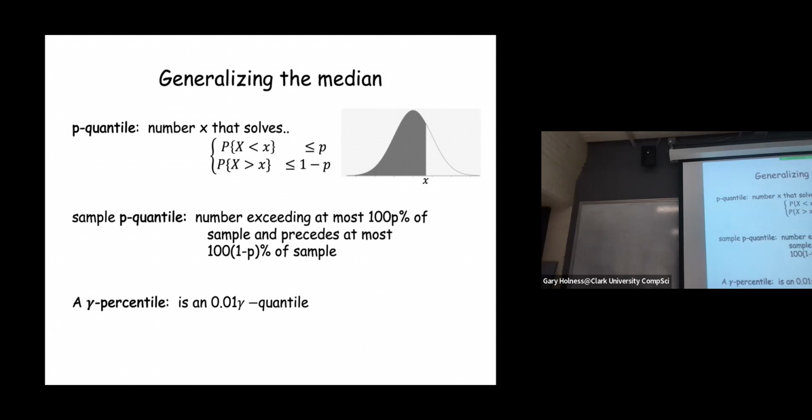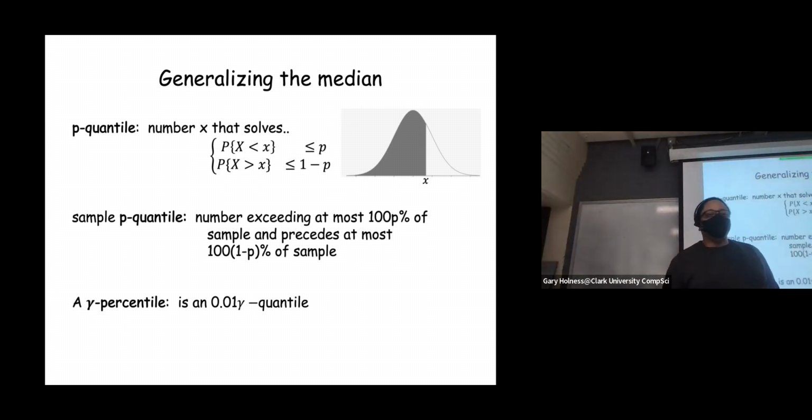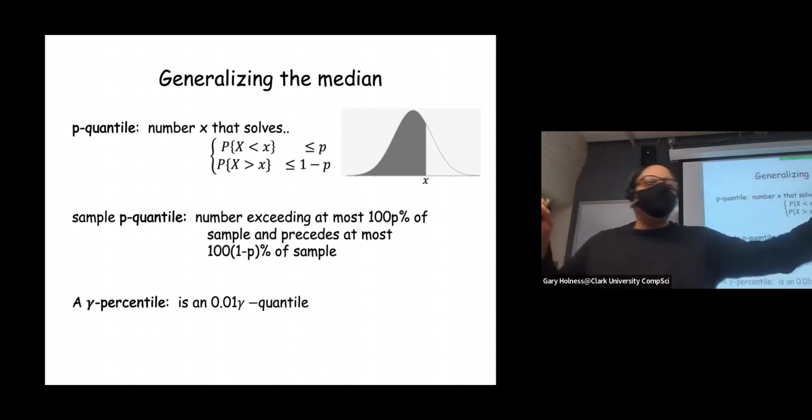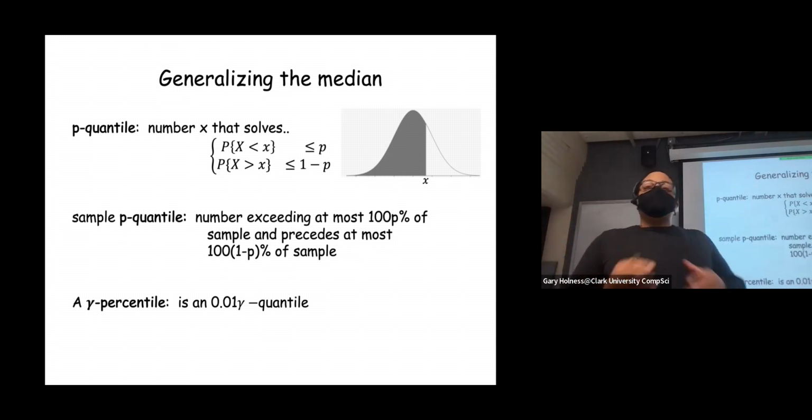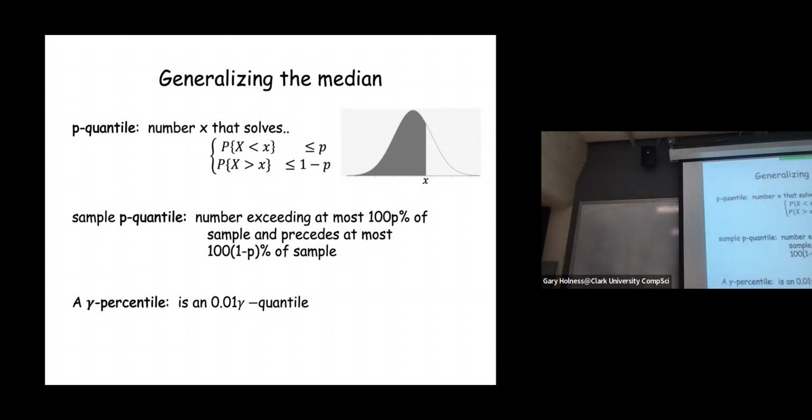It means if you randomly pick a value, 90% of the time, it's going to be less than x. And that's what they do with things like SATs and GREs. Your 90th percentile means if you randomly pick somebody who took the exam, 90% of the time, their score will be less than yours. And conversely, 10% of the time, the score will be greater than yours. And so you use it to evaluate the relative value of a measurement among all the possible values under consideration.